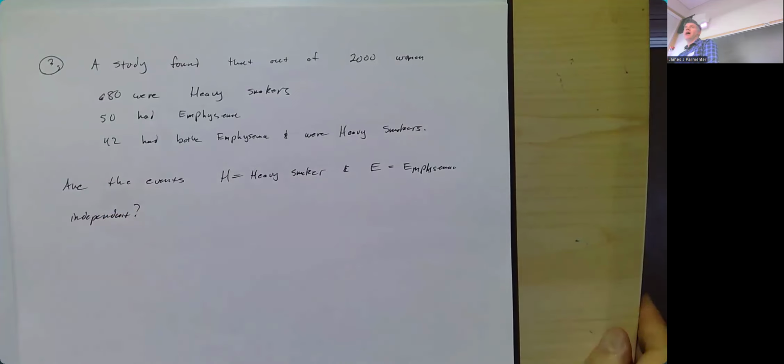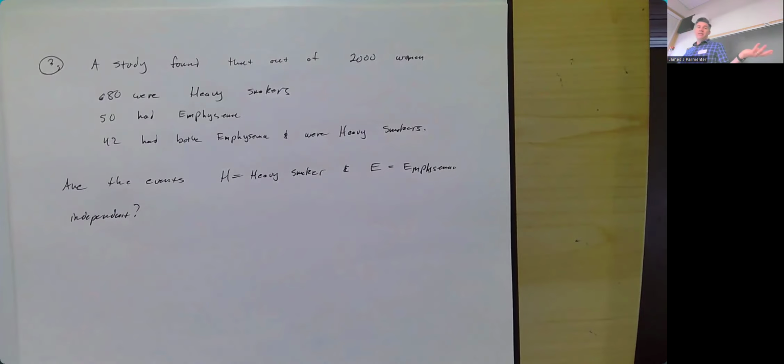From a purely not mathematical, but logical, knowing what smoking does to your body perspective, do we think these events are independent or not? Probably not, right? If someone smokes, it's probably somehow related or correlated to having emphysema, or vice versa. If someone has emphysema, it might be related to having smoked. It might not, but chances are that these events are not independent, that smoking raises your risk of having emphysema at some point in life.